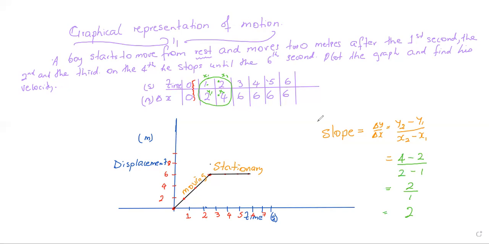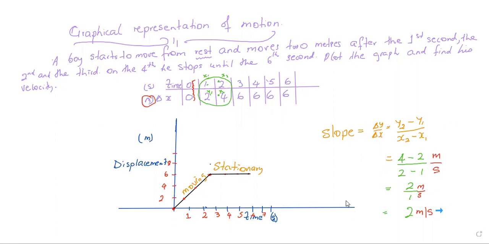Now let's have a look at the units. The unit on the y here is in meters. And the unit on the x is a second. Time, of course, so that gives us meter per second. And you can appreciate that this is the unit for velocity.